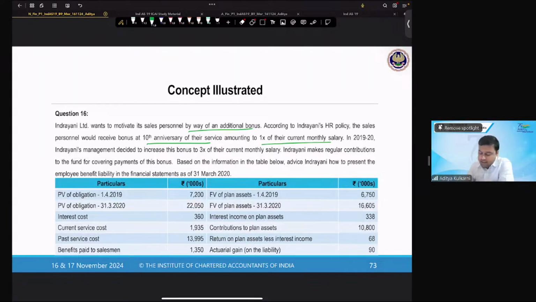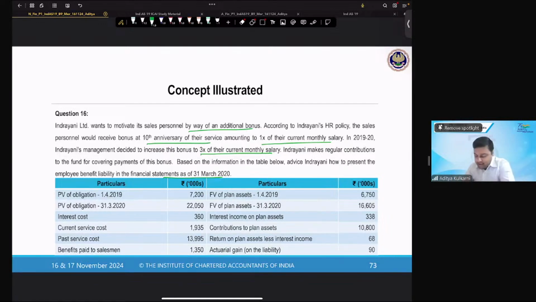In 2019-20, Indrayani's management decided to increase this to 3 times of the current monthly salaries. Indrayani makes regular contributions to the fund for covering payments on this bonus. Based on the information given below, advise how to present the employee benefit liability in the financial statements of 31st March 2020. Is it okay?